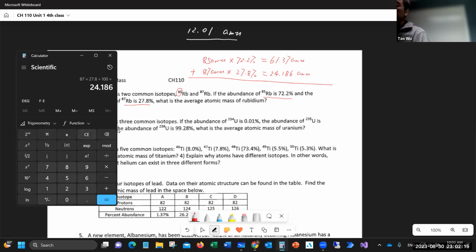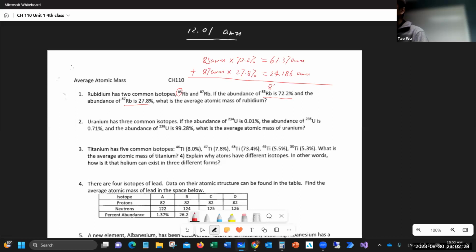That will give you 61.37 plus 24.156, and we got 85.556. But in general, you need to keep two decimals because the final step is addition. In addition, you keep at least the decimal point of the least precise number.